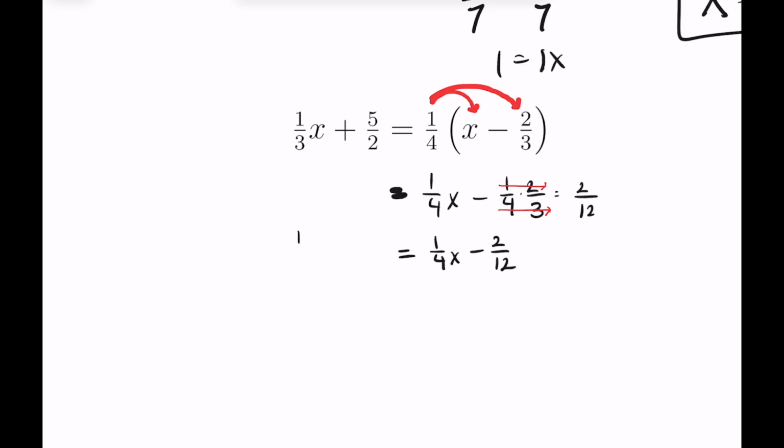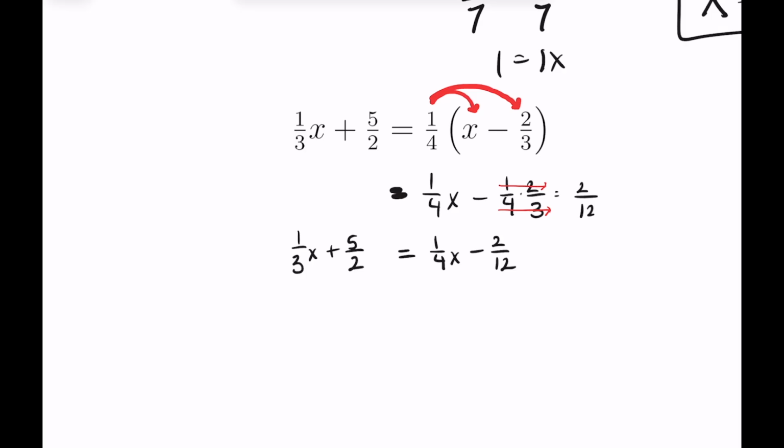On the left-hand side, I have 1/3 x plus 5/2. I know this looks like a mess, but something that we can do is clear our fractions, or clear the denominators. What we want to do is find the least common denominator of all of our fractions.